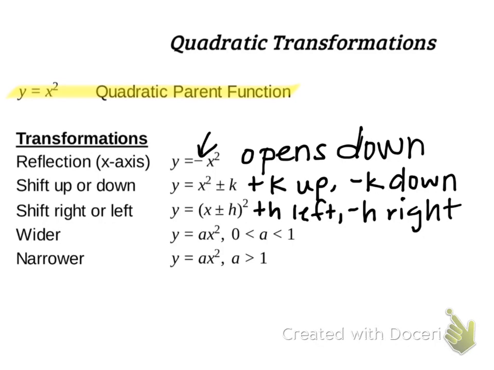So the negative is irrelevant here. We have a out in front of x squared, between 0 and 1. A fraction, more than likely, but a fraction could also be improper, like 3/2, which is bigger than 1. So it's going to be wider if a is between 0 and 1, and narrower if a is larger than 1.